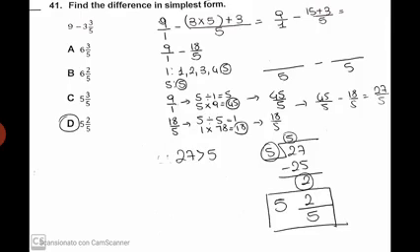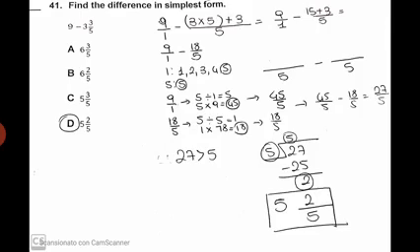So 9 over 1 remains the same. 3 times 5 equals 15, so 15 plus 3 over 5. So the difference becomes 9 over 1 minus 15 plus 3 over 5. 15 plus 3 is equal to 18. So the difference will be 9 over 1 minus 18 over 5.